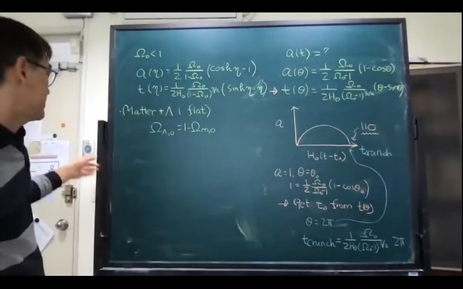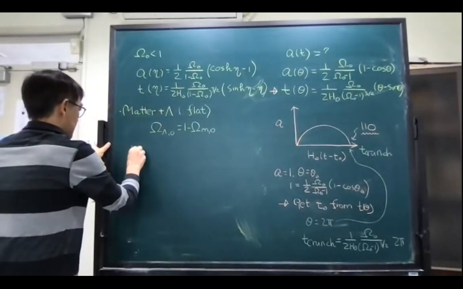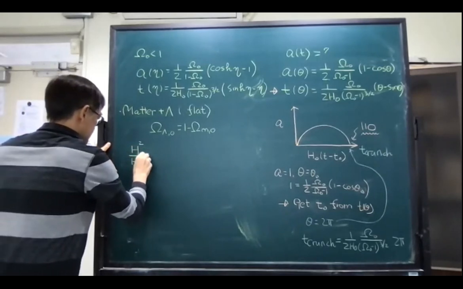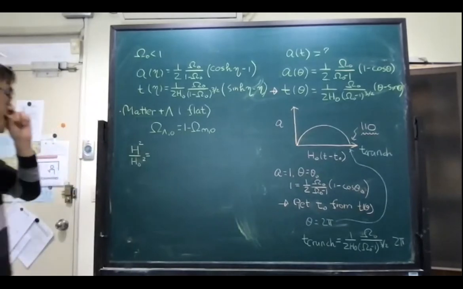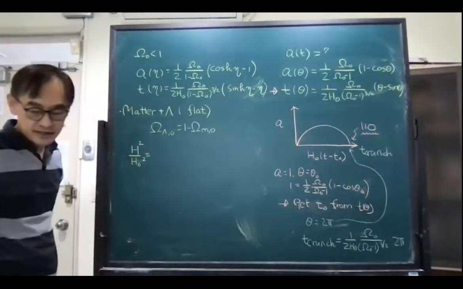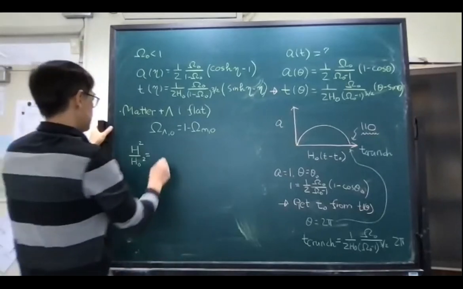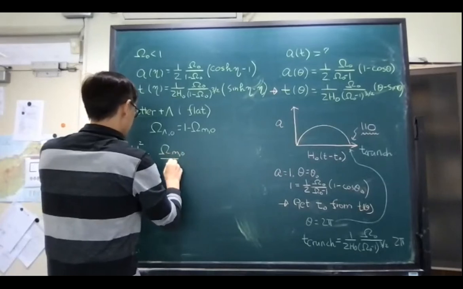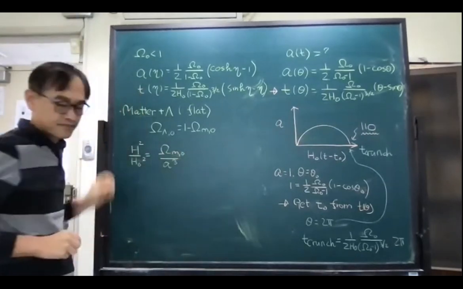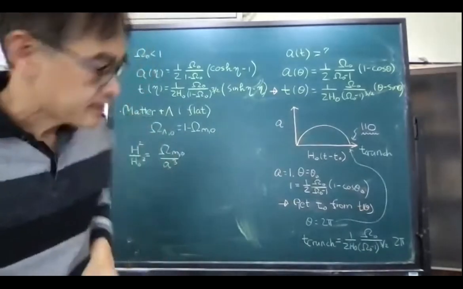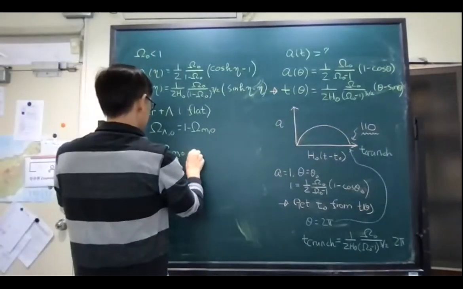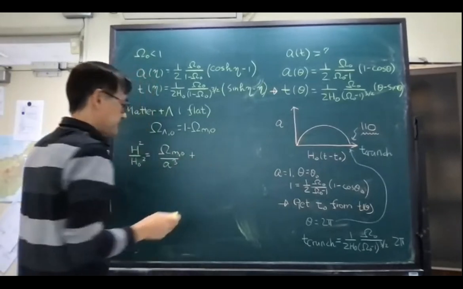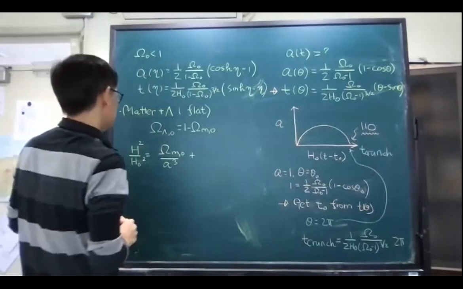So our Friedmann equation, h squared over h0 square is no radiation. I have matter component. So let's use omega matter 0. I have a power of 3. And this term, let's only use this.